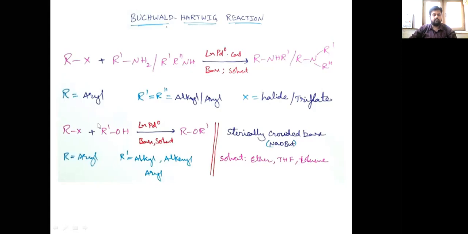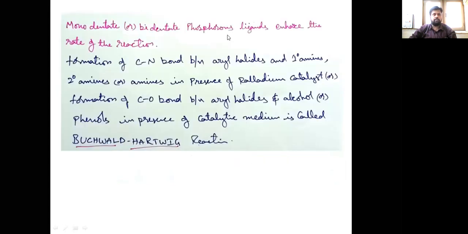Same thing if an ROH group is available: HX will be eliminated, and ROR ethers will be formed. A sterically crowded base, sodium tert-butoxide, is used, and solvents such as ethers, THF, or toluene. Next, monodentate or bidentate phosphorus ligands enhance the rate of the reaction.